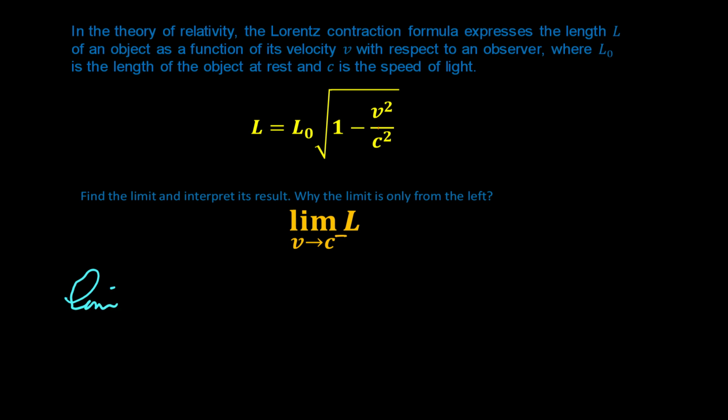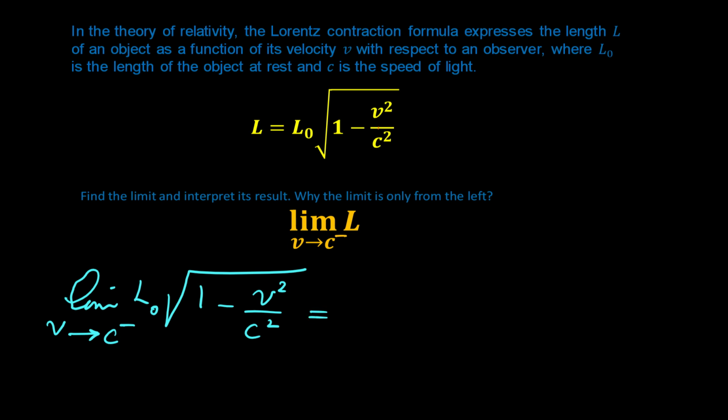We want to find the limit of L, which is L0 radical 1 minus v squared over c squared, when the velocity of the object is approaching the speed of light from the left. For finding limits, we usually start with direct substitution to see if we can use it.